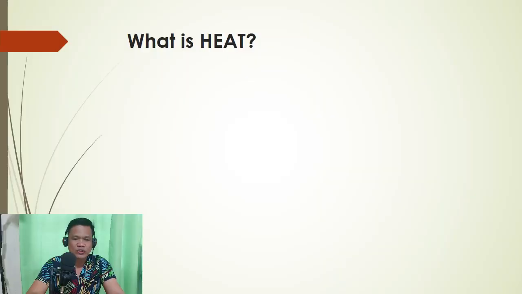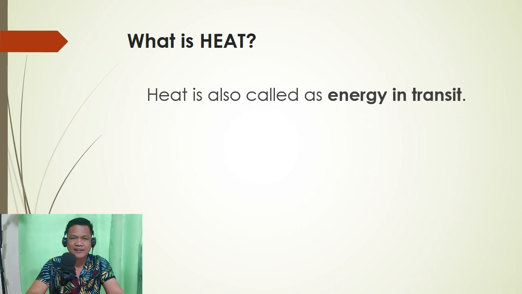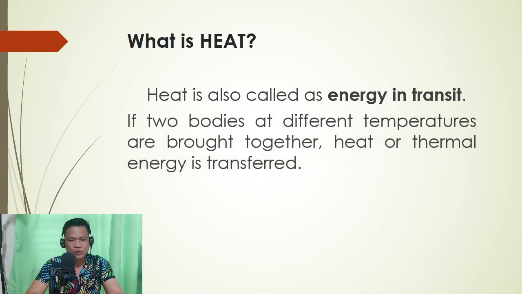So heat is also called energy in transit because heat is transferred from one body to another. It exits from one body and it is absorbed by another body. Thereby, it is called energy in transit. If two bodies at different temperatures are brought together, heat or thermal energy is transferred.